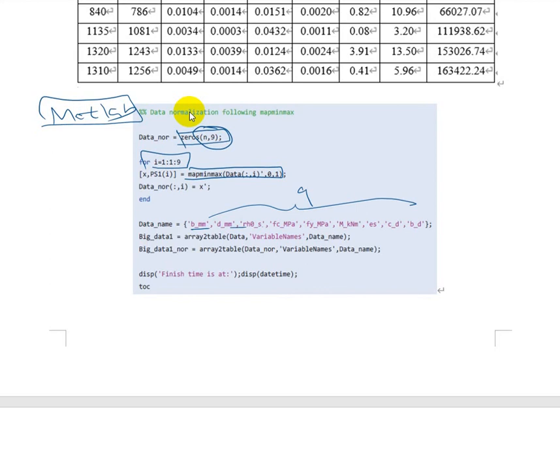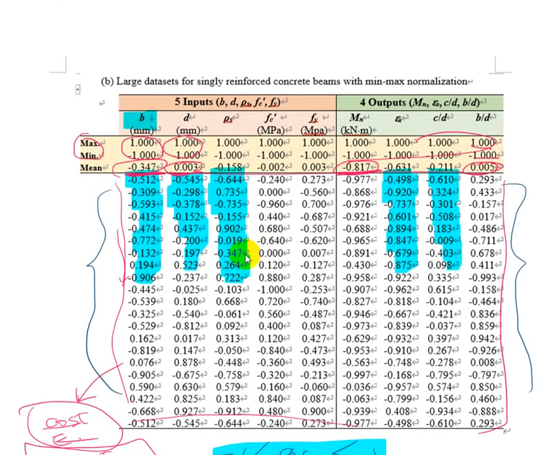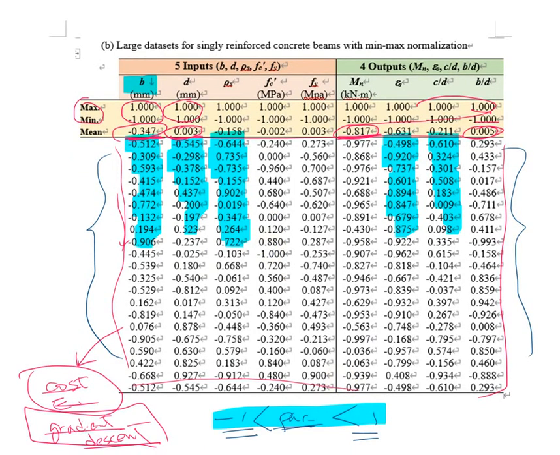MATLAB will normalize however many data and parameters you have, and you just ask it to print two tables, one before normalization and one after normalization, and display the time as well. So this is the table before normalization, and this is the table after normalization. It's just printed by the MATLAB mapminmax command. Very easy and convenient.